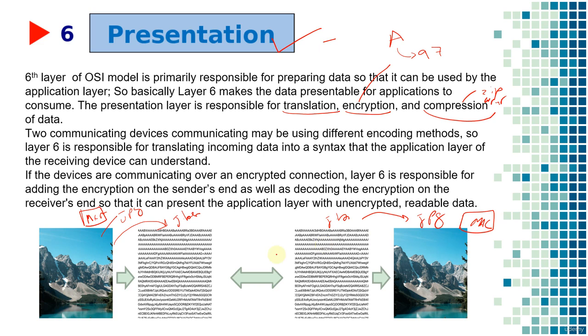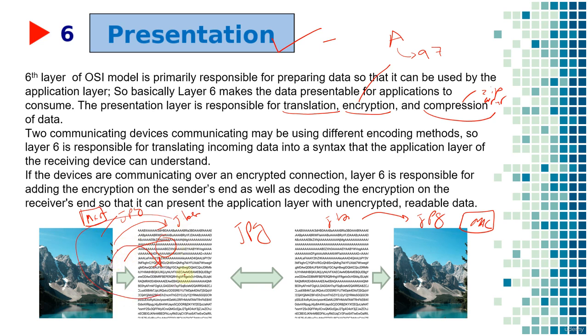Both should understand the idea of JPEG, JPG format. Let's take this example: if my Microsoft computer knows what JPEG format is, it can translate this gibberish into JPEG and JPEG into gibberish.